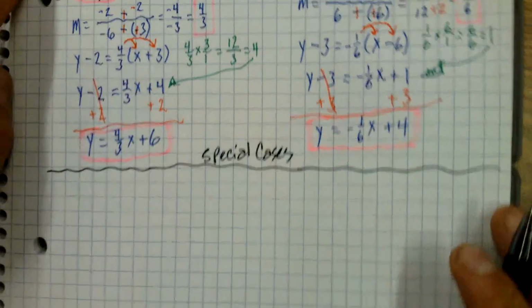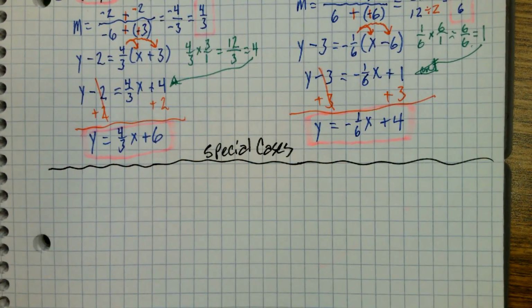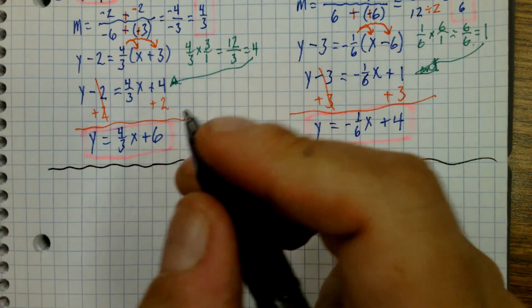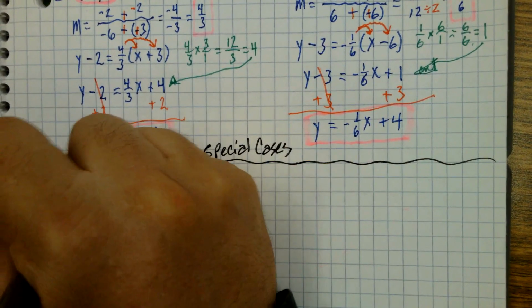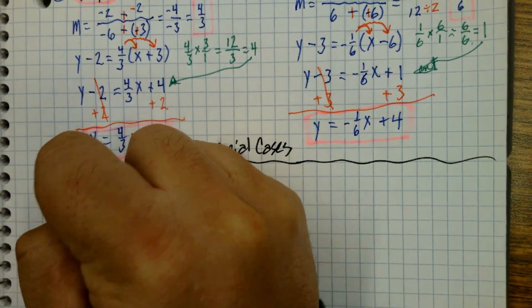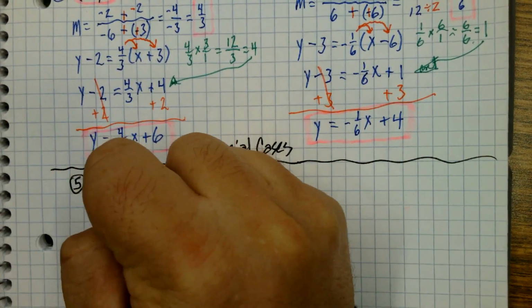But you have to recognize them in order to tell, oh, okay, this is going to be a horizontal line. Here's the equation. Or this is a vertical line. Here's the equation. Okay. So number 5, I'm going to write down the ordered pairs. And maybe you'll notice or wonder something.